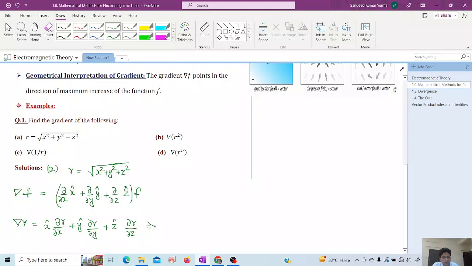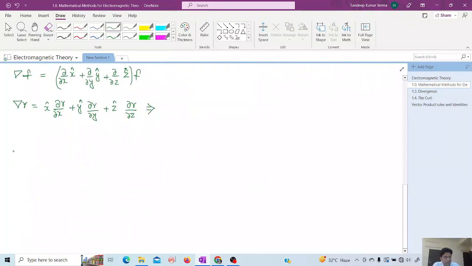Let's simplify only one: x̂ ∂r/∂x, and we know that r = √(x² + y² + z²).